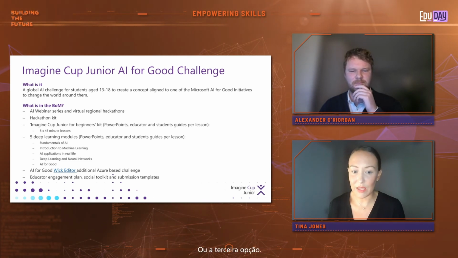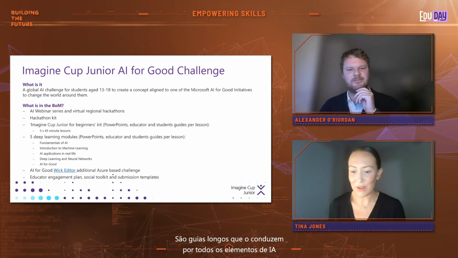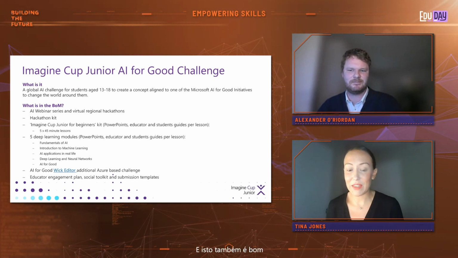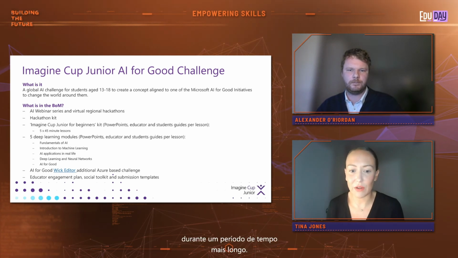Or option 3, we have 5 modules of deep learning. So these are long guides that take you through every element of AI that a student might want to find out more on. And this is also good if you could contextualize it to curriculum. You could look at how you embed that in your lessons over a longer period of time.